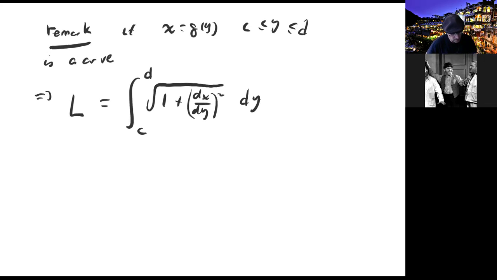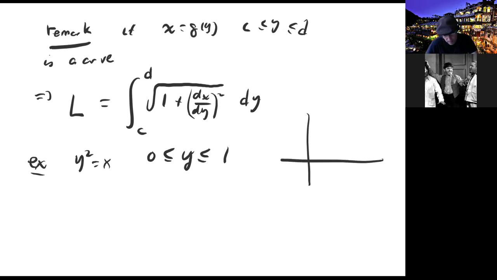So for example, we can look at the curve y squared equals x, which is a parabola, with y going from 0 to 1. It looks like this, but y is going from 0 to 1, so it's this portion of the parabola.